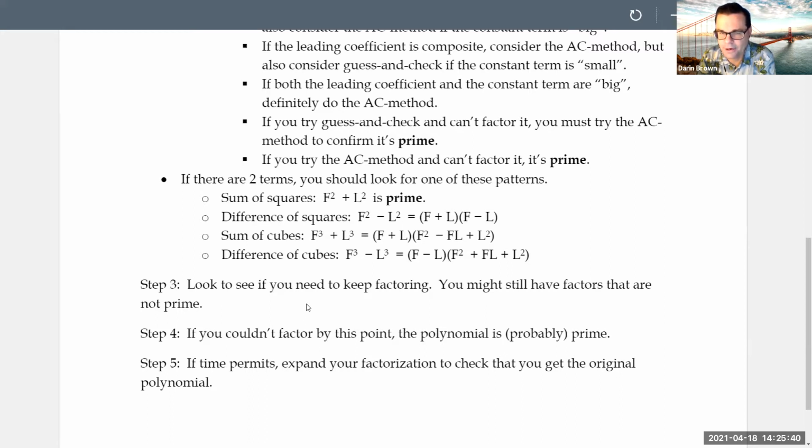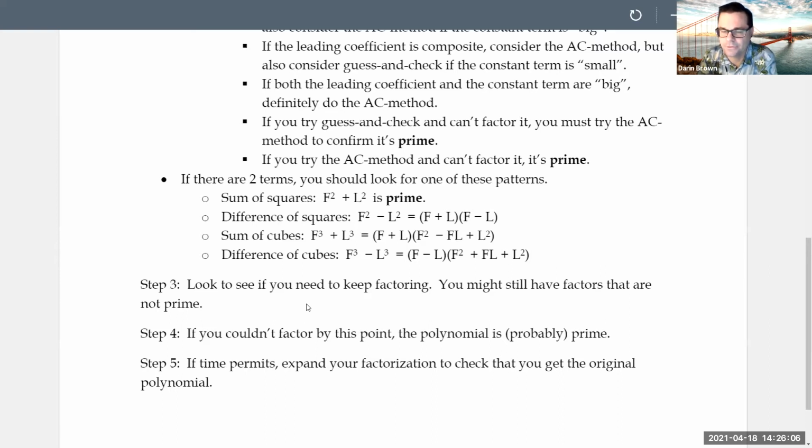So if I asked for the prime factorization of 45, you wouldn't say 9 times 5 because 9 is not prime. So you'd have to continue and say, well, since 9 is 3 times 3, that's really 3 squared times 5. Same thing here. If you factor a polynomial into more than one factor, then you still want to check to make sure that the factors you have left over are themselves prime.